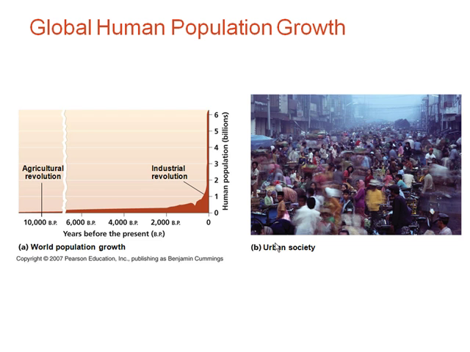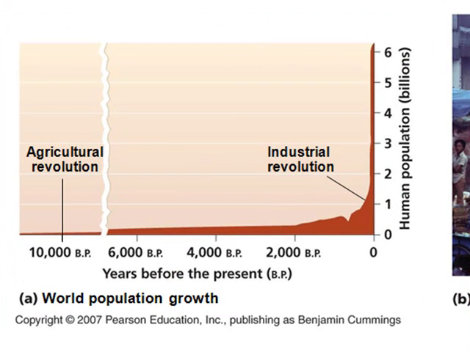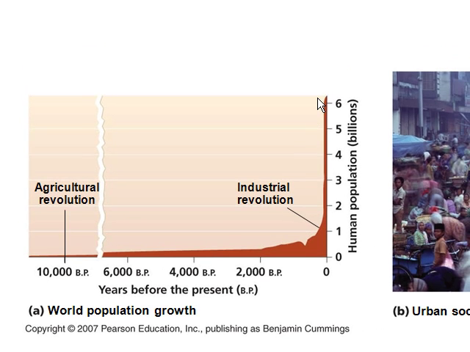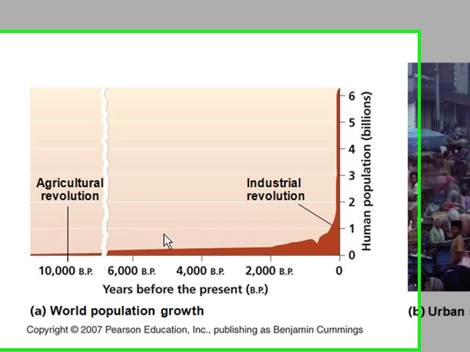There are currently over 6 billion people on the planet, somewhere around 6.7 billion at one of the latest estimates I've seen. And you can also see that there has been a dramatic growth of population over this time span.